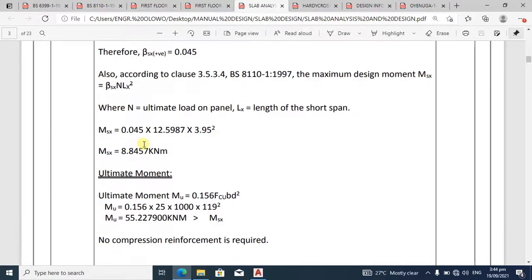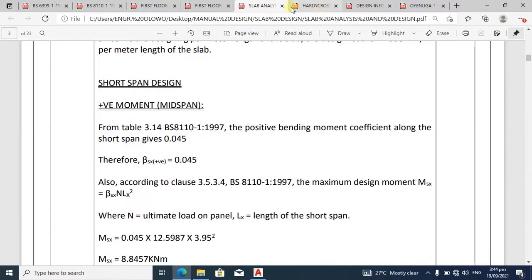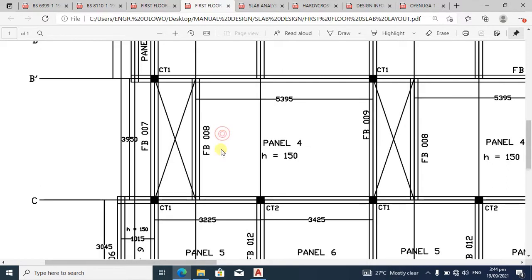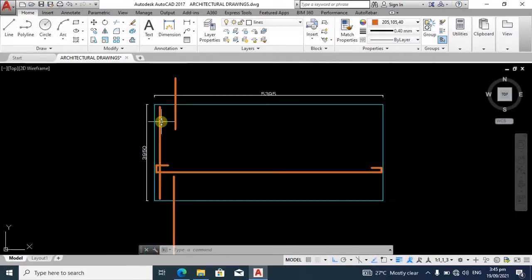We also have a negative moment around the continuous edge. We have a positive moment around this midspan along this short span. Can you see, this is the short span, so we are going to calculate the positive moment within the midspan along this short span. We also calculate the moment along these edges.